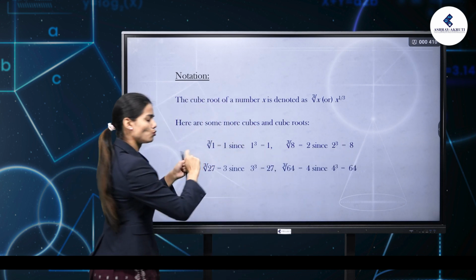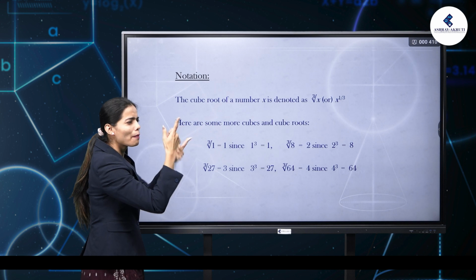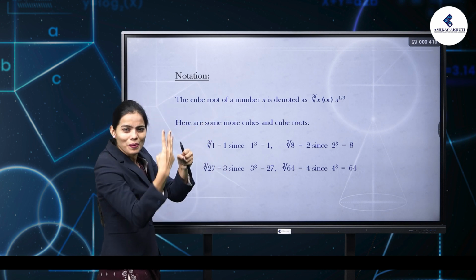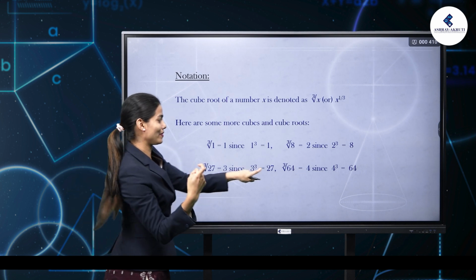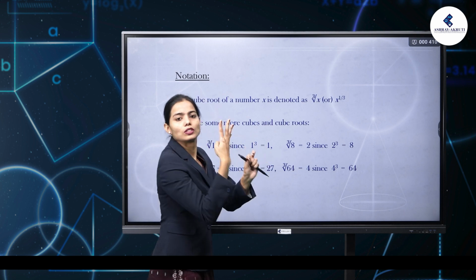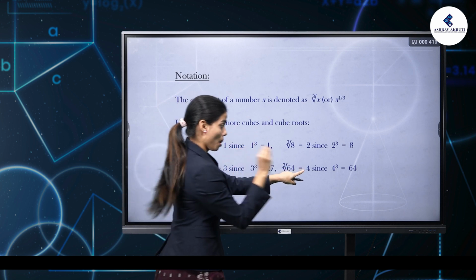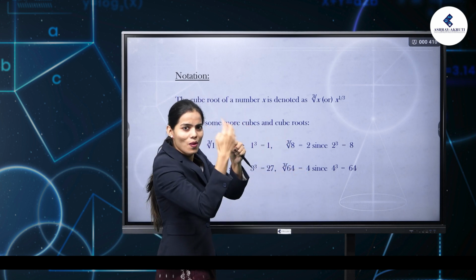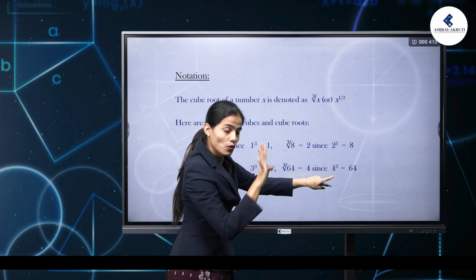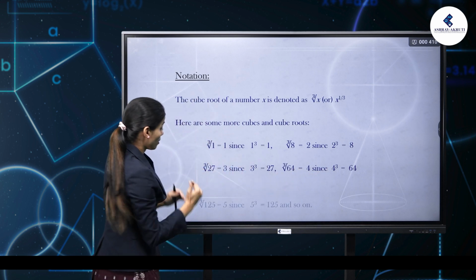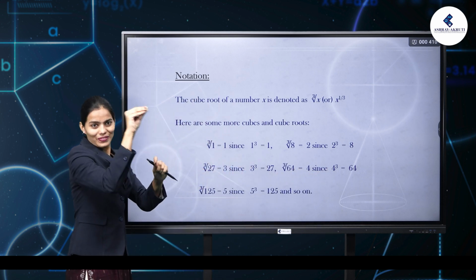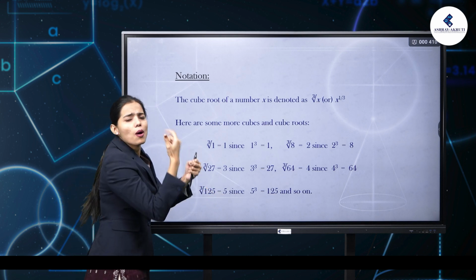Cube root 27 is equal to 3 since 3 cube is equal to 27. Cube root 64 is equal to 4 since 4 cube is equal to 64. Cube root 125 is equal to 5 since 5 cube is equal to 125 and so on.